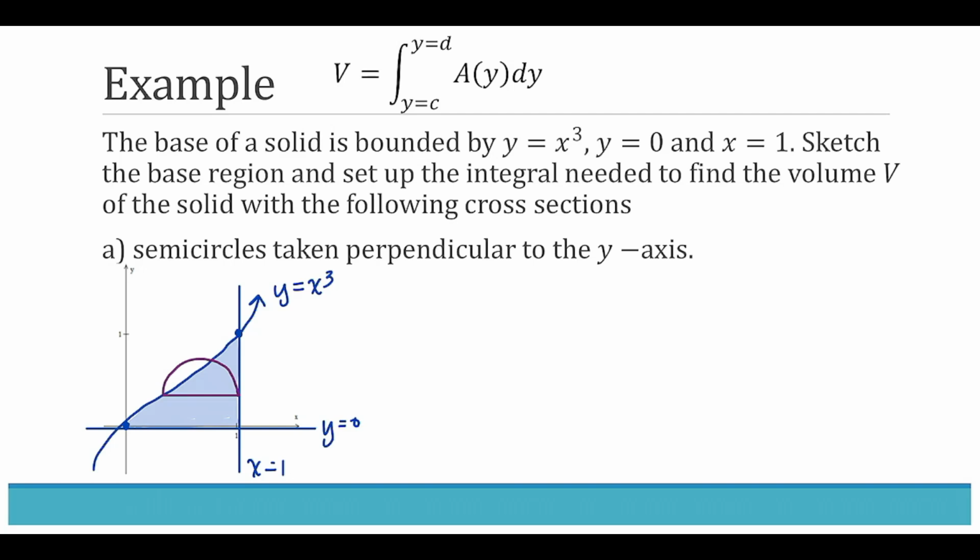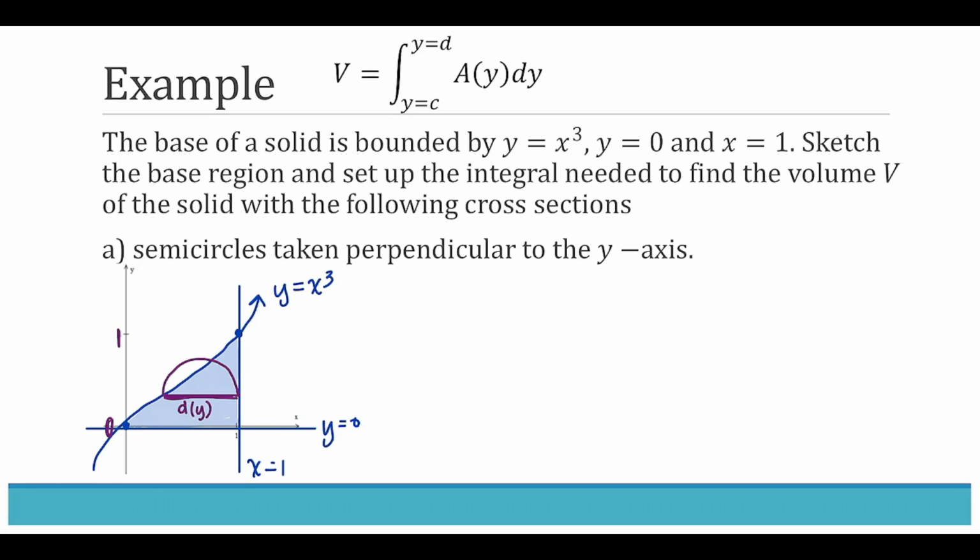And so this base of my cross section is actually the diameter of the semicircle. So I'm going to have to represent the diameter as a function of y because my cross sections are perpendicular to the y-axis. And this is going to extend from y equals 0 to y equals 1.